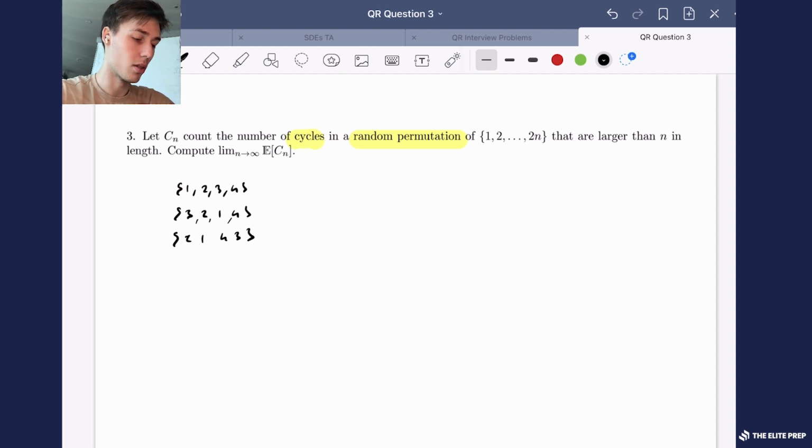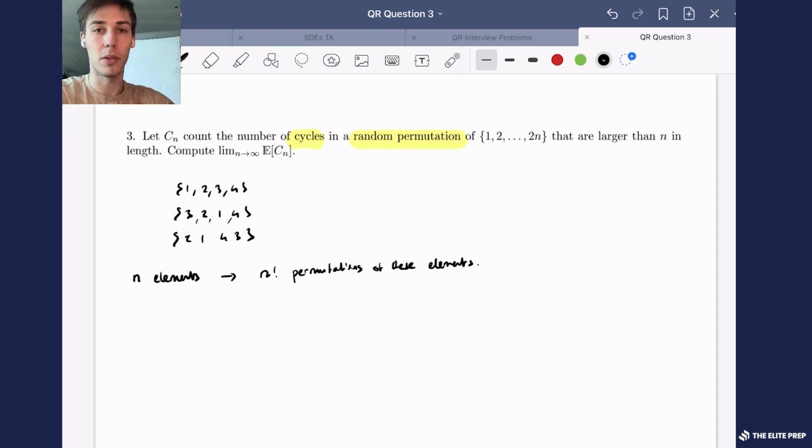So something useful is that if we have n elements, then there are n factorial permutations of these elements. And in particular, for a random permutation, we assign each permutation with equal probability.